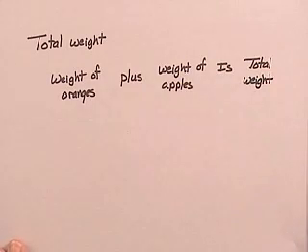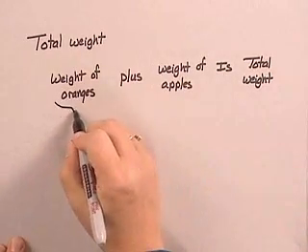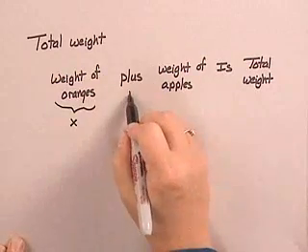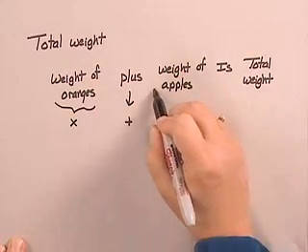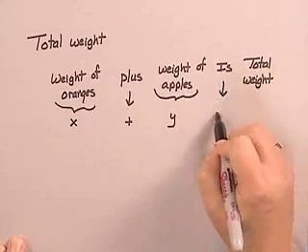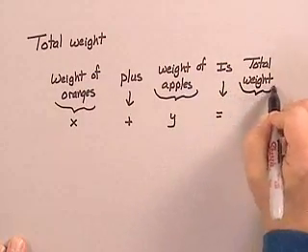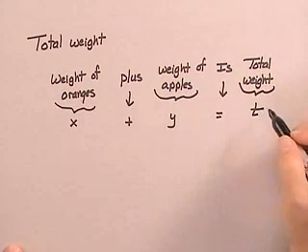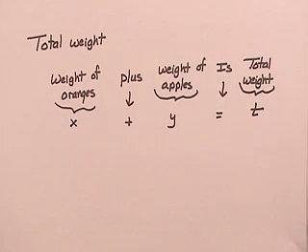And this is going to translate entirely using variables. The weight of the oranges is x plus the weight of the apples is y. Is translates to equal, and the total weight we called t. So we actually have 3 equations that we're going to use in the solve step.